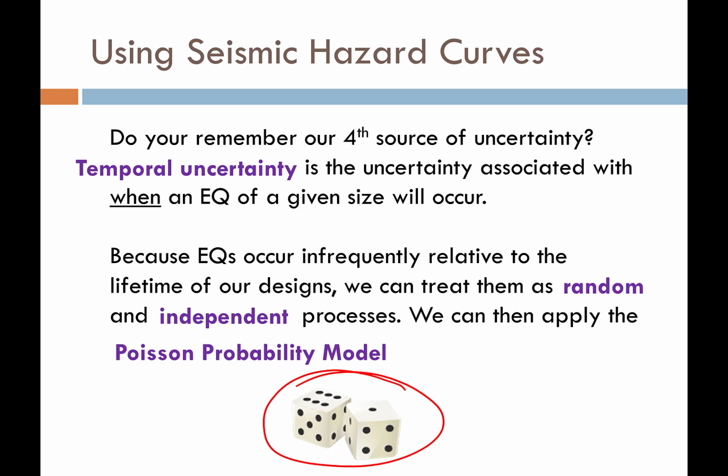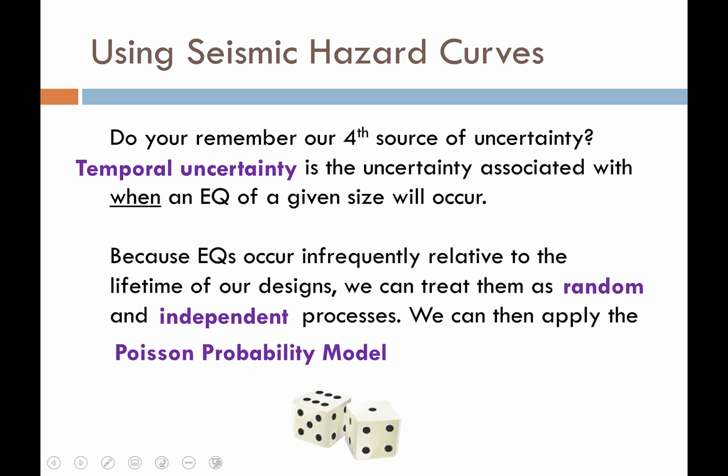But every single throw is an independent event, and that's a fundamental assumption with the Poisson probability model. In other words, every single earthquake is considered an independent event and unrelated to the previous earthquake that happened on that fault, and unrelated to the earthquake that will happen after the next one that you're talking about.